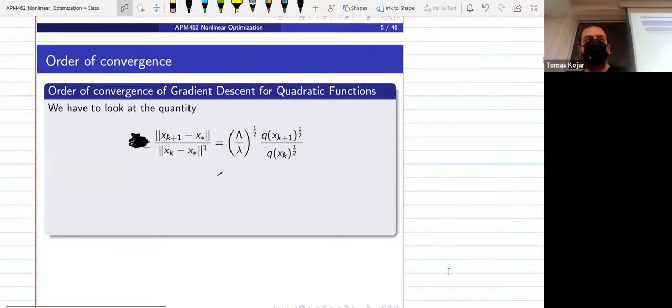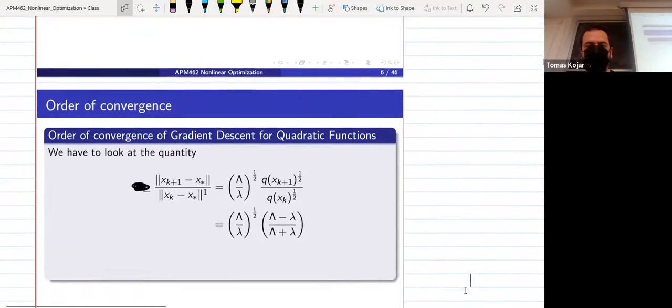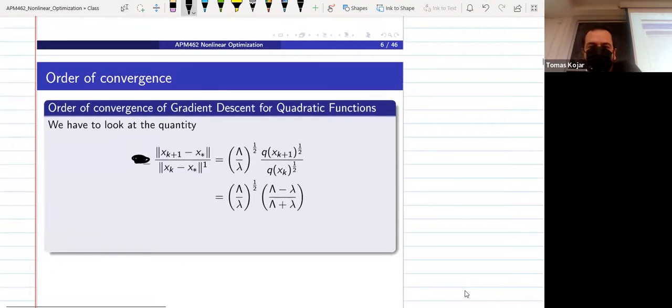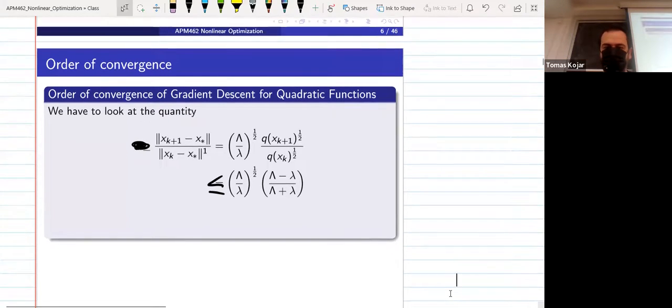Right, so let me give you the order of convergence. Okay, so I will prove this next, but let me apply the previous. So we just showed that this ratio is less or equal than this.